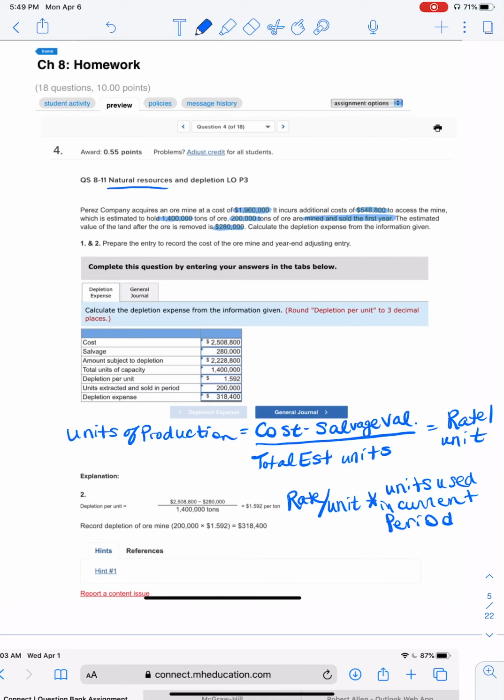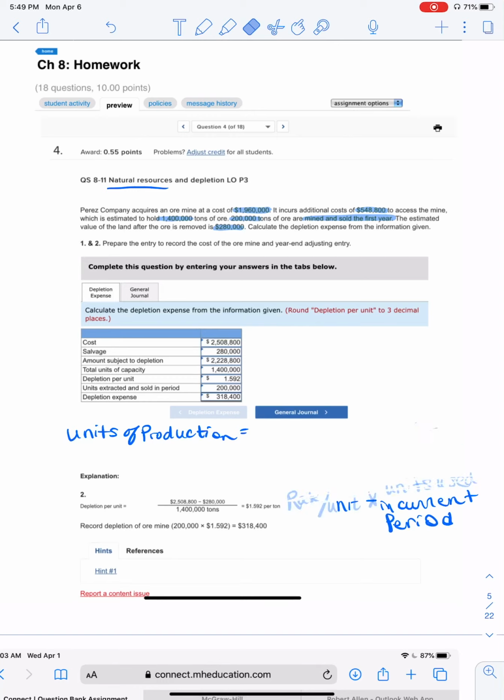Okay. So now we're actually going to plug in these numbers. The way we're going to do this is I'm just going to scribble out these formulas, and I'll rewrite this with the actual numbers that we need. So the top part here is going to take my cost of $1,960,000.